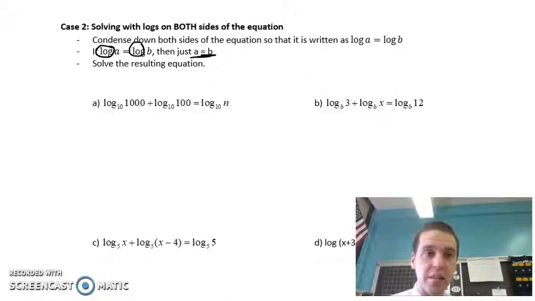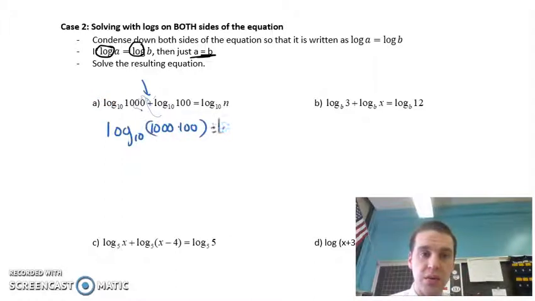Because look at here. We have addition, which means we have the product rule. And so therefore, log base 10 of 1,000 times 100 equals log base 10 of n. Well, notice we have log base 10, log base 10.